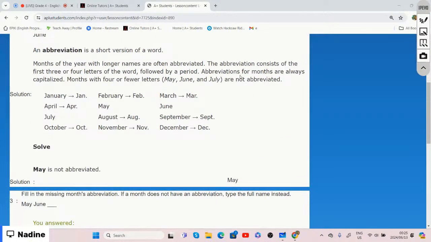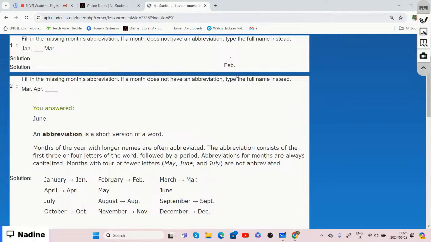And if, for example, it gets to the abbreviation of May, June, July, it's going to stay the same, right? Because May is not abbreviated. For example, over here, we have March, April. What is the missing abbreviated word? So March, April.